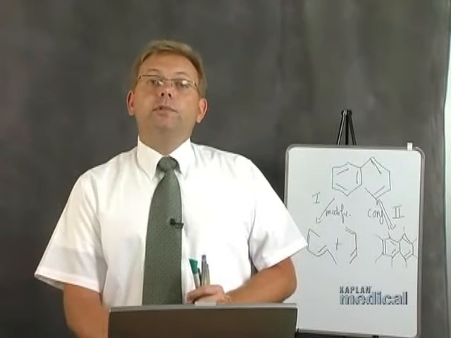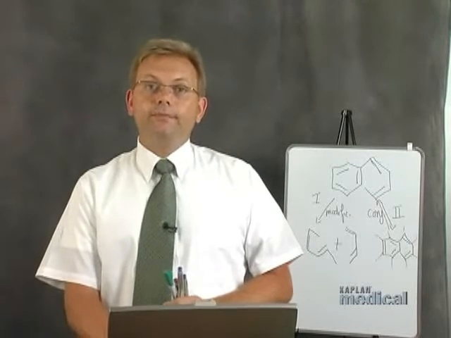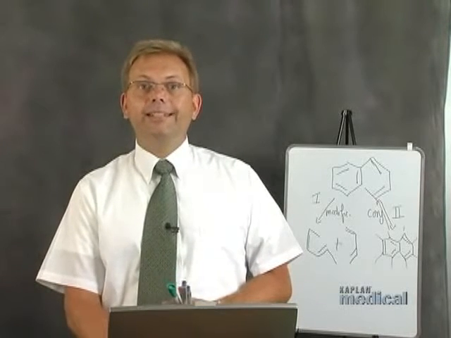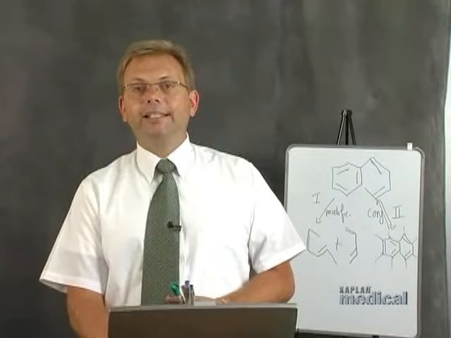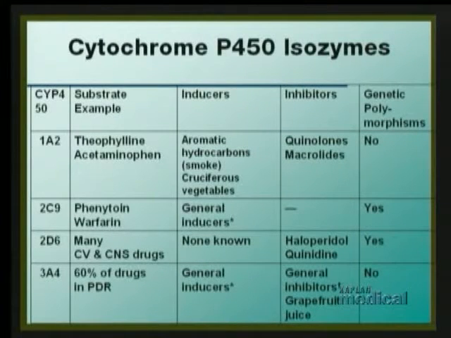Each family, to arrange everything, is subdivided in subfamilies, which are given letters A, B, C, D, E, and so forth. And within those subfamilies are the individual enzymes themselves, given again a number, resulting, if you look at the table entitled cytochrome P450 isozymes, in a number of acronyms for P450s, such as in your table 1A2, 2C9, 2D6, 3A4, being here the major enzymes we're going to discuss.